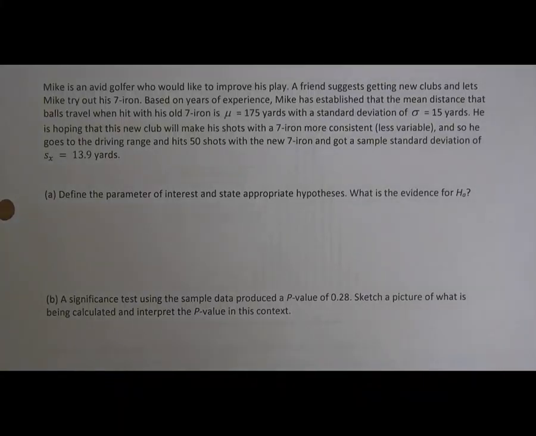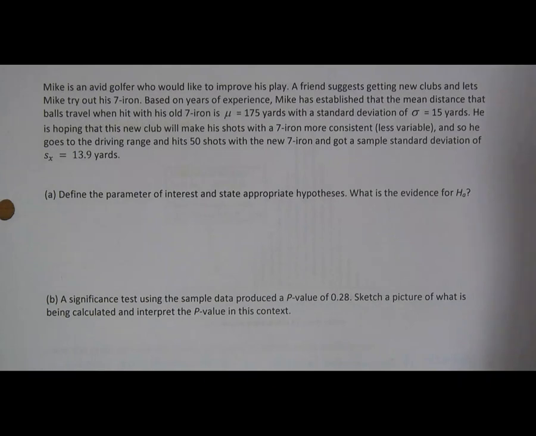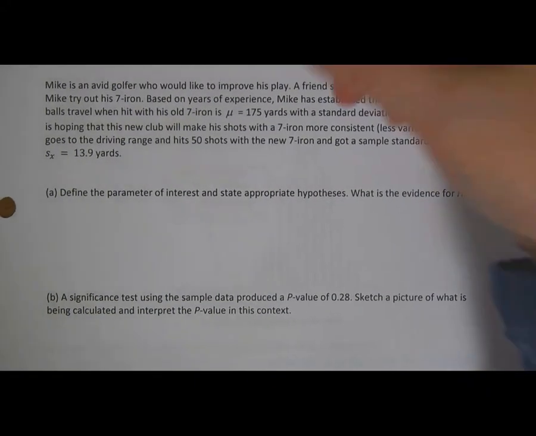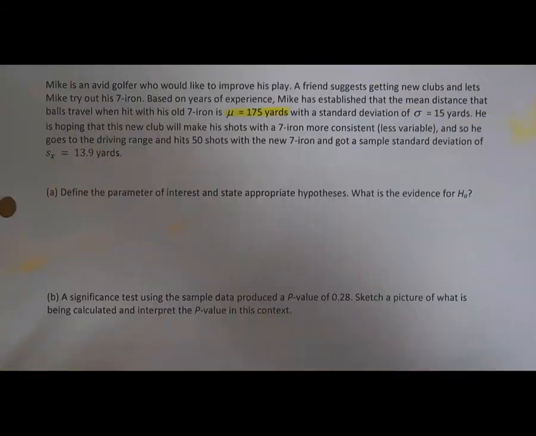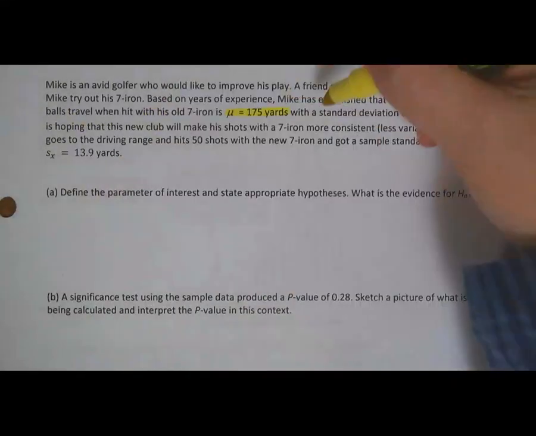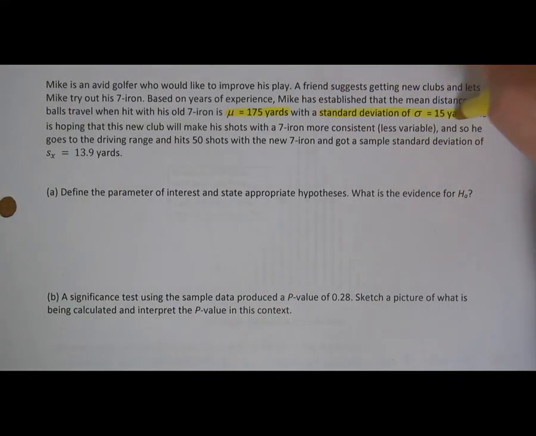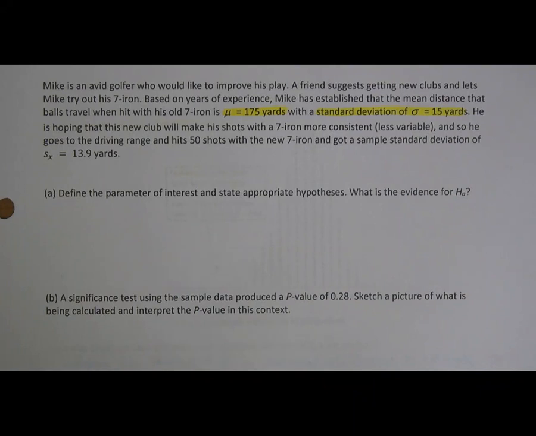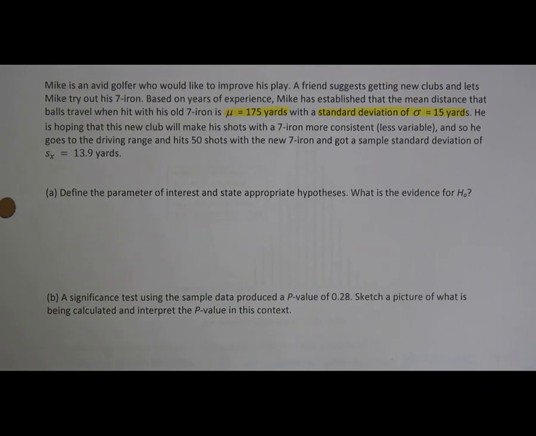Mike is an avid golfer who would like to improve his play. A friend suggests that he should get new clubs, and Mike try out his 7-iron. Based on years of experience, Mike has established over time that the mean distance he can hit a golf ball is 175 yards on average, with a standard deviation of 15 yards. Now, here's what he's hoping.